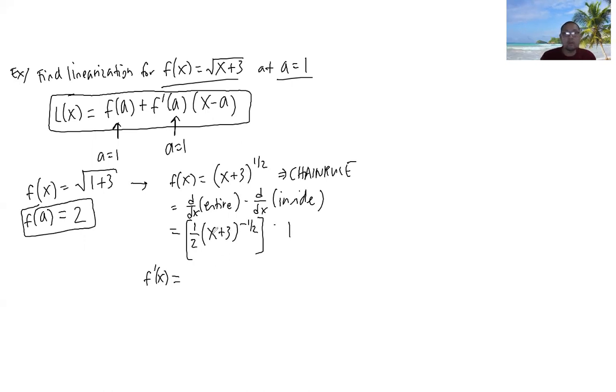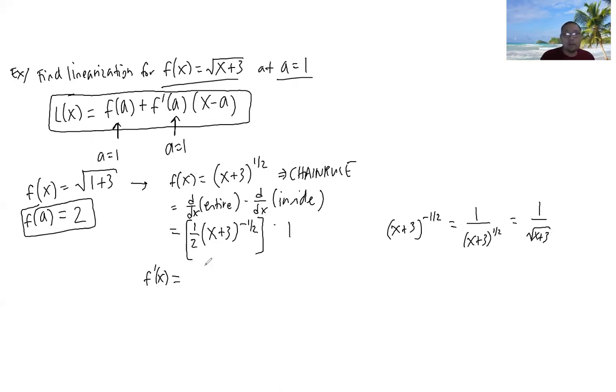And so your f prime of x looks like this, same thing we did before. x plus 3 to the negative 1/2 is the same thing as 1 over x plus 3 to the positive 1/2, which is just 1 over root x plus 3.